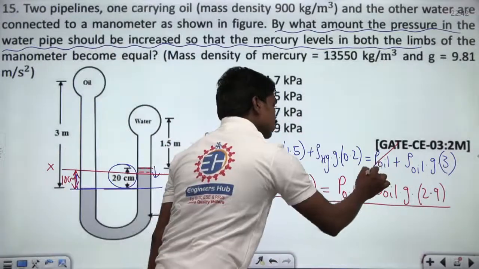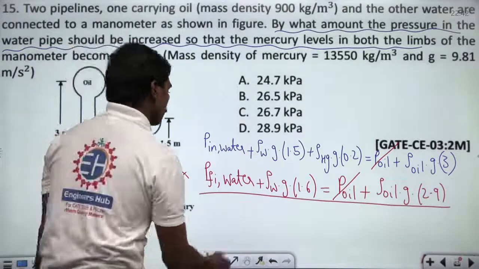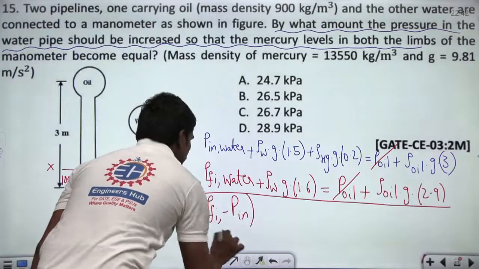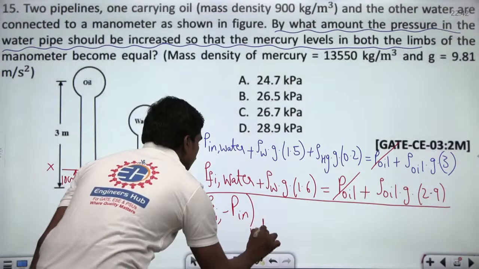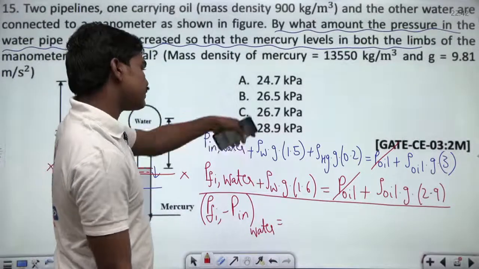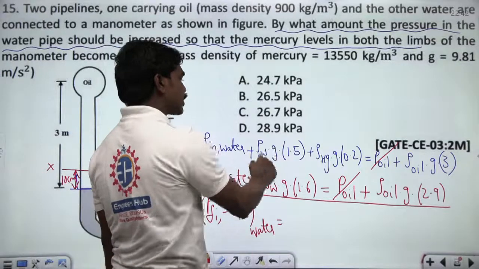First of all, this pressure in the oil and this pressure in the oil get cancelled. So P final minus P initial of water is the amount by which you need to increase the pressure. So this value should be equal to the second equation minus the first equation. So rho water g 1.6, rho water g 1.5.